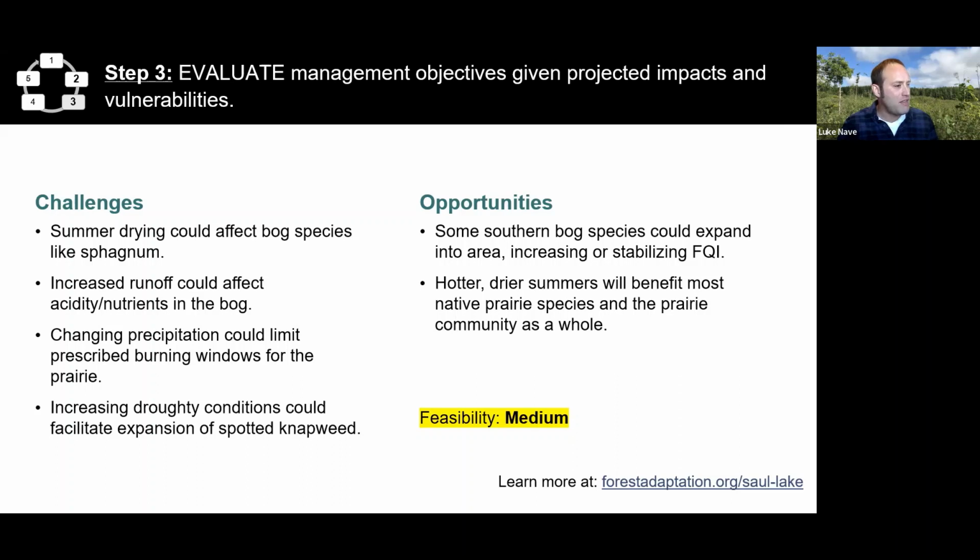The challenges they identified were particularly those longer dry periods during the summertime, affecting the performance of sphagnum mosses found in the bog.